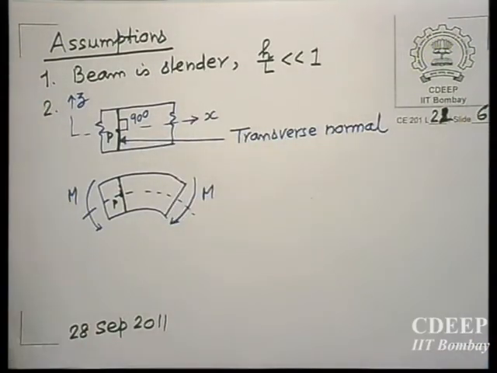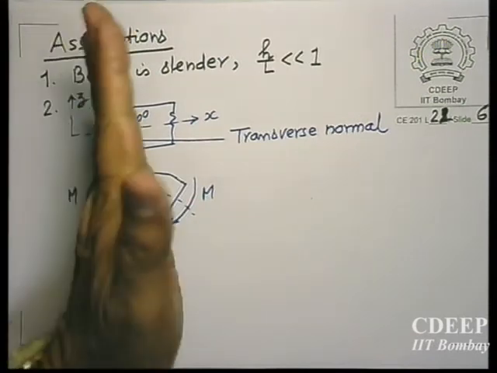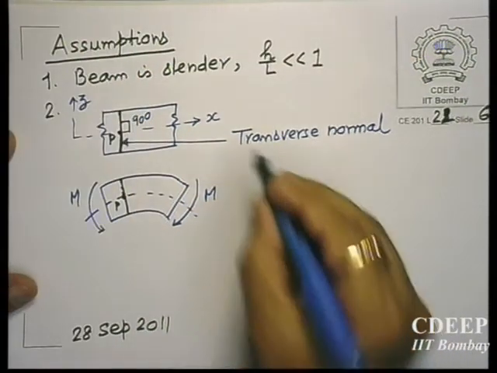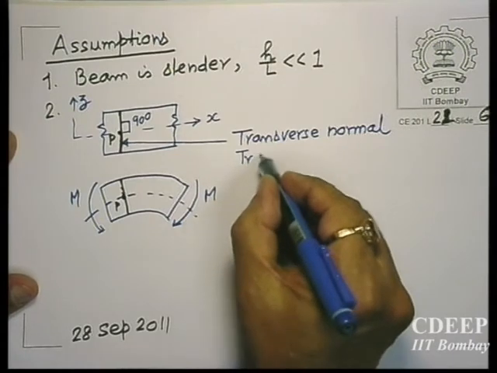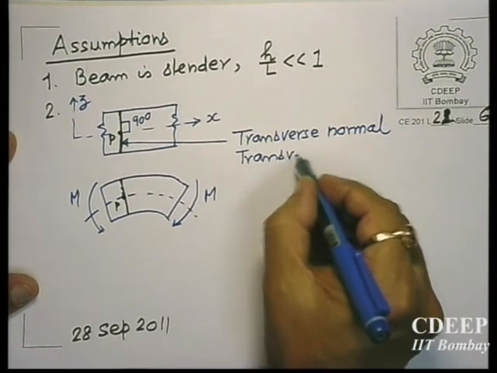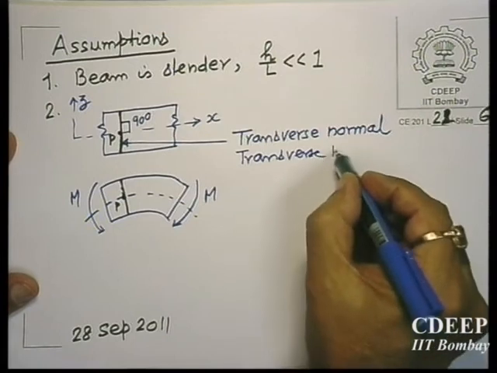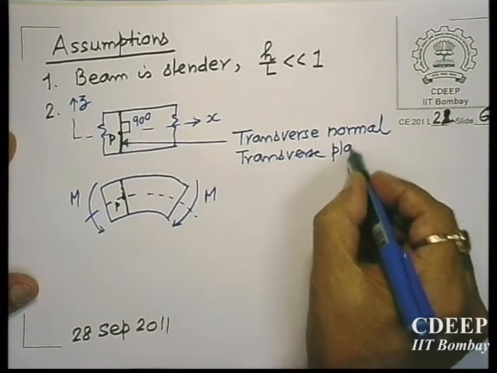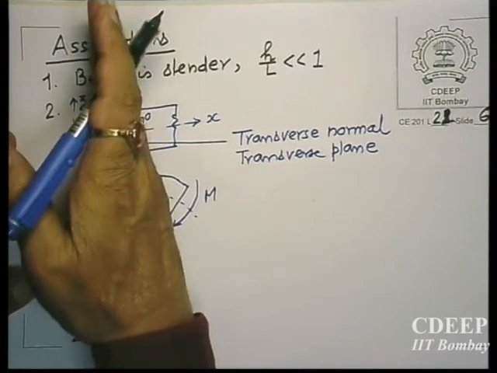If you also take b, the width of the beam, into consideration, we can also call it a transverse plane.